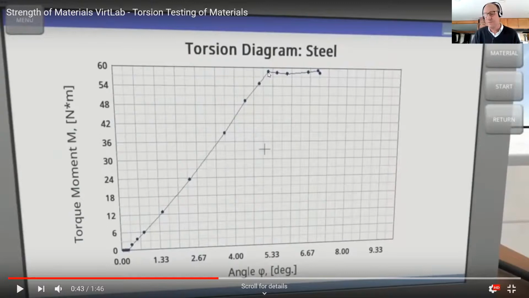So that's the maximum shear stress that you would have for iron. Those are the 3 things that I want you to do.